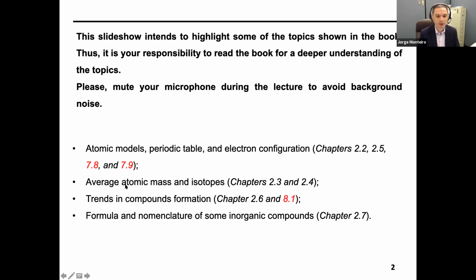After that, we will discuss average atomic mass and isotopes, and trends in compound formation. We will see 2 classes of compounds, bringing up some topics from chapter number 8. And finally, we will go over formula and nomenclature of some inorganic compounds.